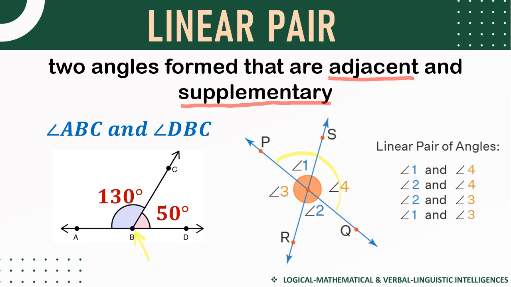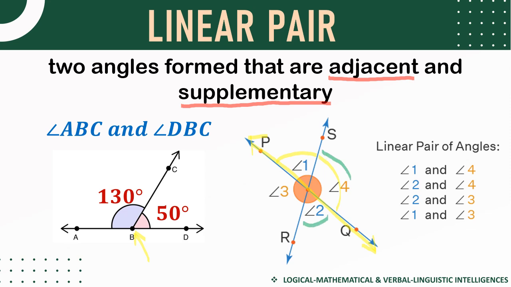So this is your hint. As you can see, you do have line PQ, which indicates a half circle rotation. That could give you a 180-degree angle, and then it's divided into two angles, so definitely they are adjacent. They do have a common vertex, common side, and they do not have a common interior point. Next, we can also have angle 2 and angle 4.